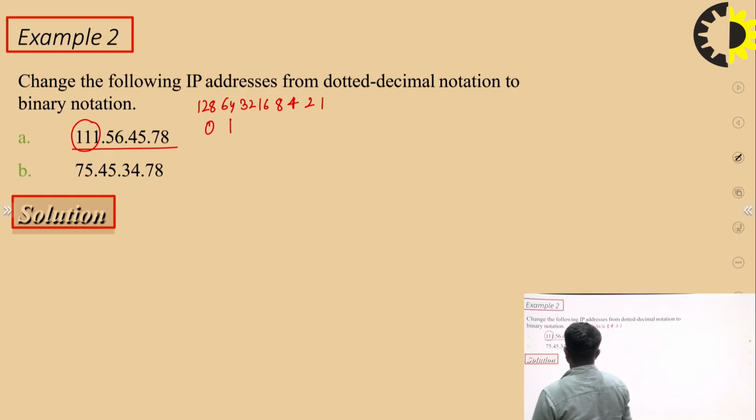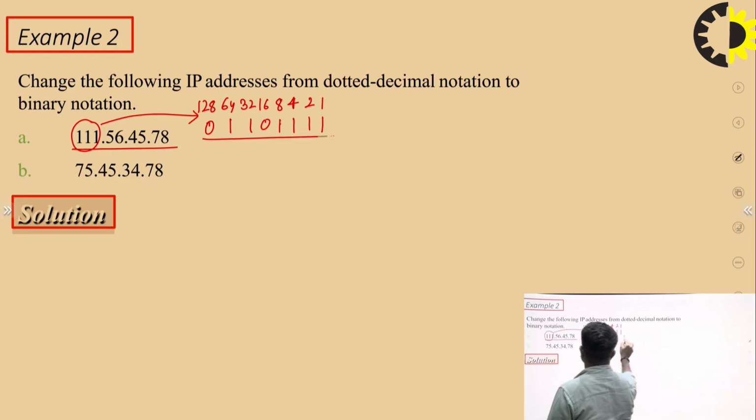Then 64, then 64 plus 32 becomes 96, and then 96 plus 16 will cross, so I am skipping it. 96 plus 8, that becomes 104, then 104 plus 4, 108, then 1 plus 2, 110, then plus 1, 111. So this is 0. So this 111 is represented as this in binary.